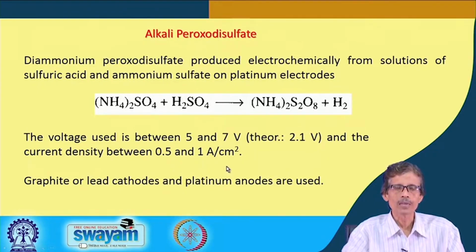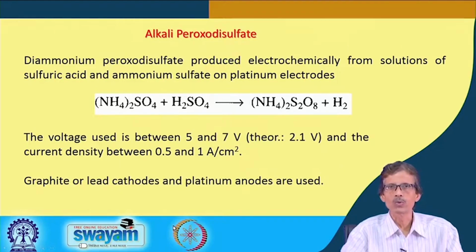So, this gives us some idea of how quickly we can get the production of that alkali peroxo disulfate, because this is a very neat and clean reaction, as hydrogen is also produced there. And what are the types of electrodes we can use for this purpose? Graphite or lead cathodes we can use for reduction and platinum for the oxidation.